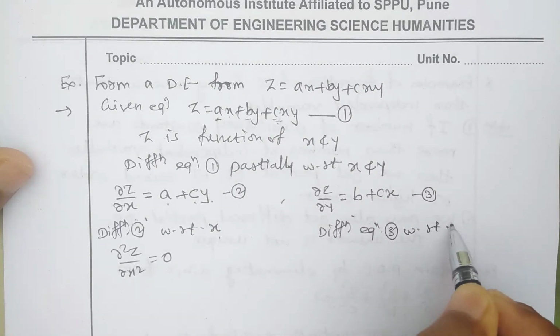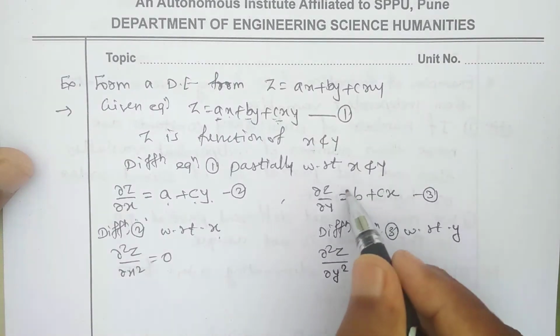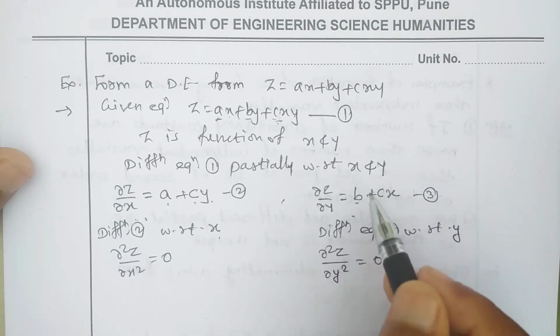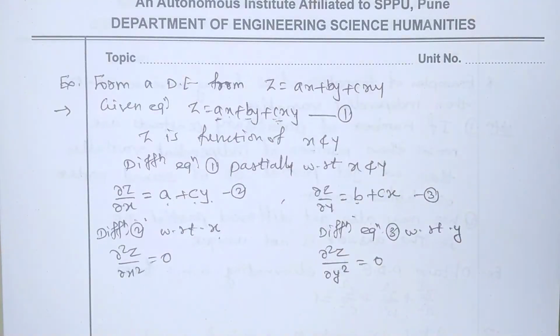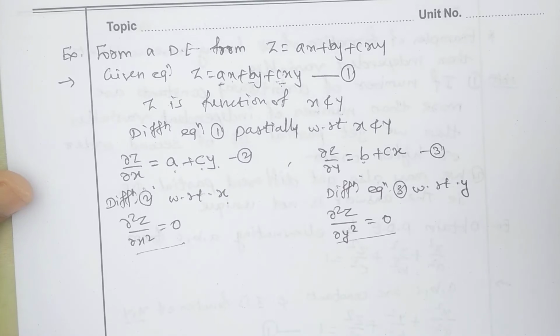Here differentiate 3 with respect to y. So what will you get? ∂²z/∂y². This is again 0 because all the terms contain constants or terms of x. The terms of y are absent, so the derivative is 0. So this is a second order differential equation, and this is also a second order differential equation.